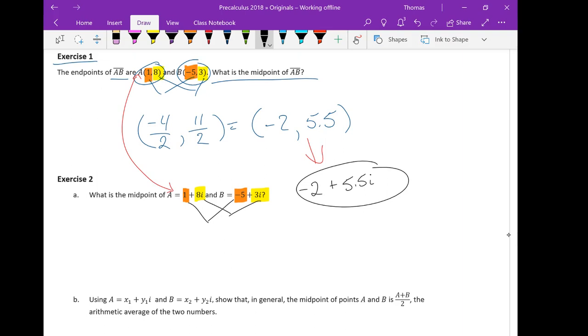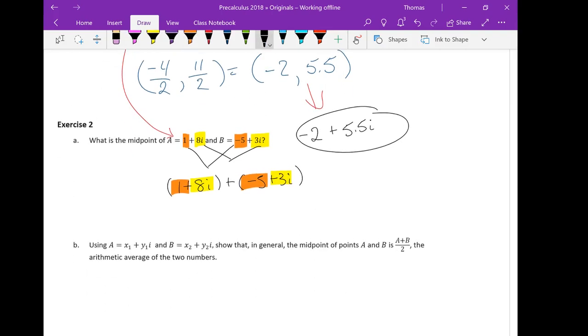So because the real parts and imaginary parts stay separate when we add them up, we can just add our complex number a to our complex number b, and without even doing anything, the real parts and the imaginary parts are going to combine like terms. It's going to combine to -4 plus 11i.